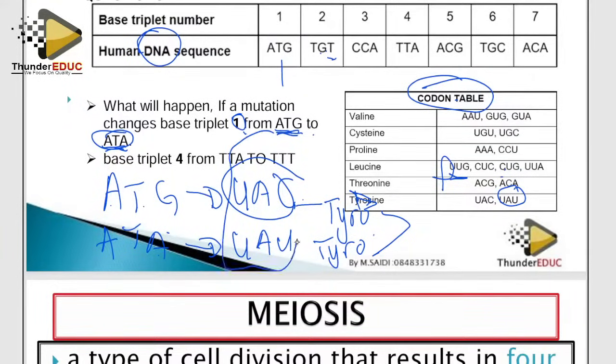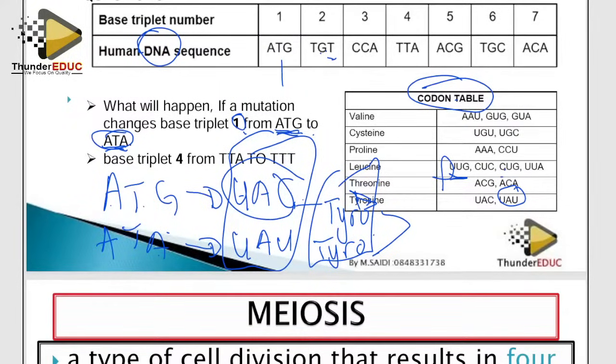You have to mention this and this. This codes for tyrosine, and this codes for tyrosine too, which does not change the protein. Why? Because it is the same amino acid.